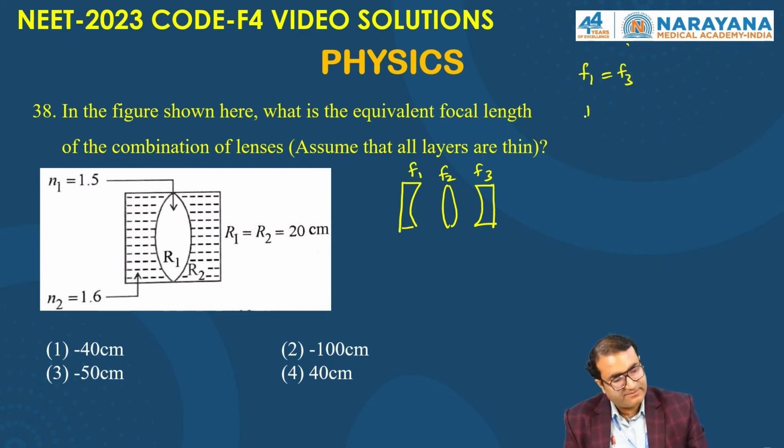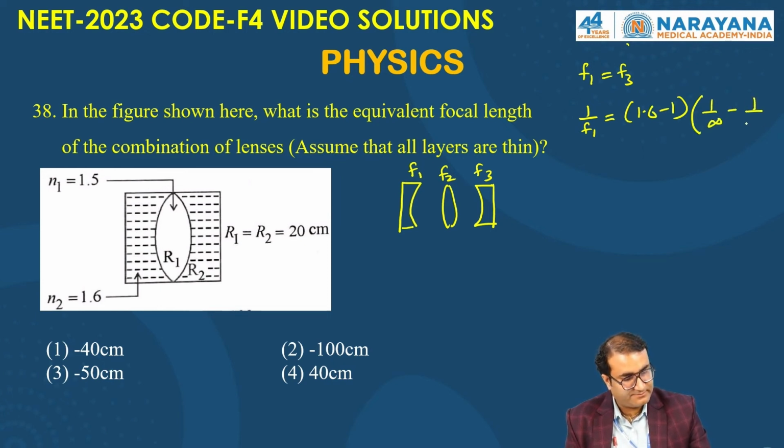So we can write 1 by f1 as 1.6 minus 1, 1 by infinity minus 1 by 20. I am putting the values in centimeter. Finally, after the formula of combination of lenses, we will get the answer in centimeter only. And this is 1 by f3 also, the same thing.